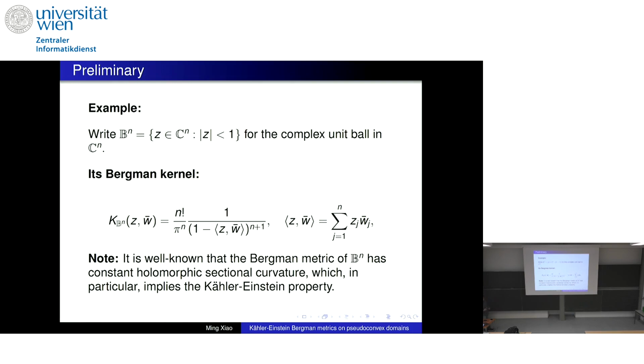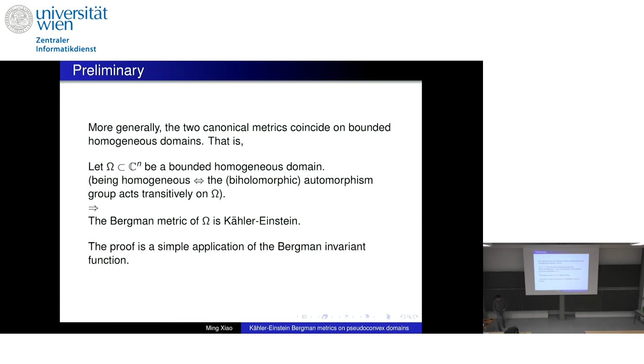So this means that in particular, on the unit ball, at least, we can say the two canonical metrics coincide. The Bergman metric coincides with the Kähler-Einstein metric, at least on the ball. Is that the only case? No, actually more generally, these two canonical metrics always coincide on bounded homogeneous domains.